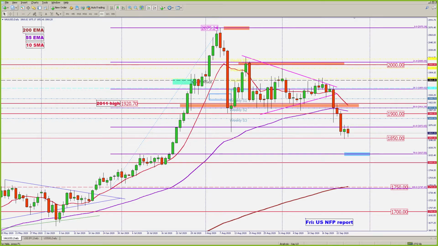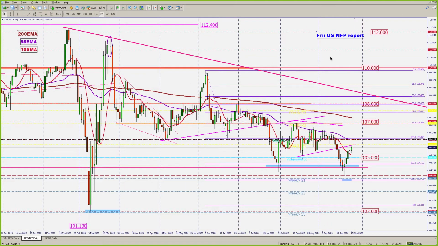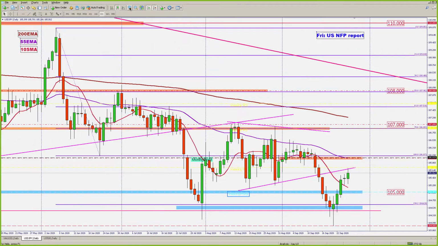Alright, and there is news at the end of the week for the US with the non-farm payroll, and it will be the same for dollar yen as well. Both will be exposed to those news.